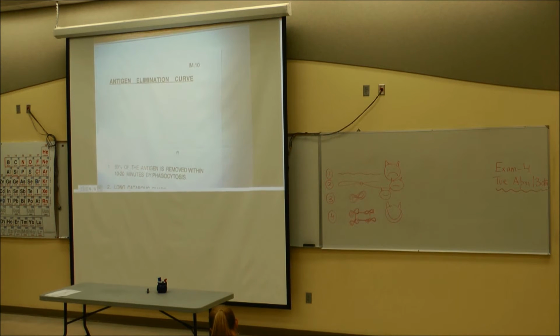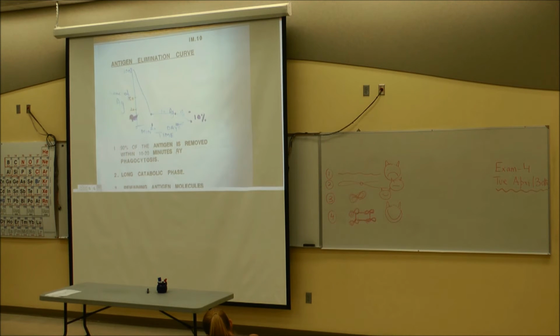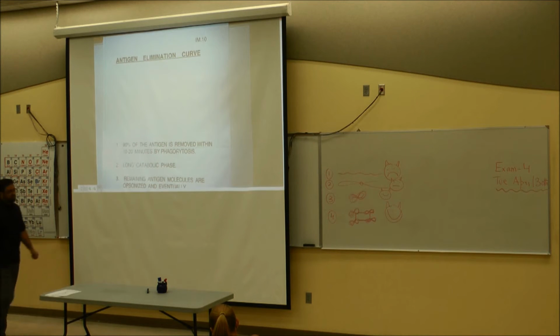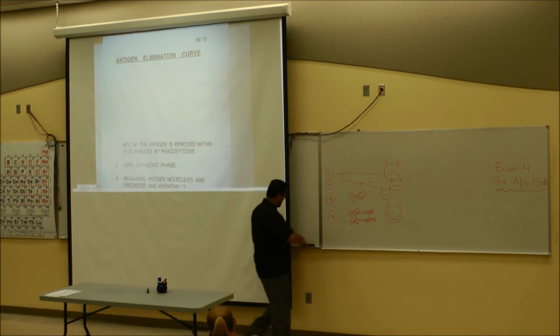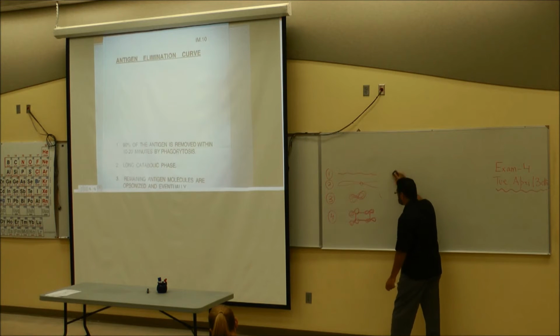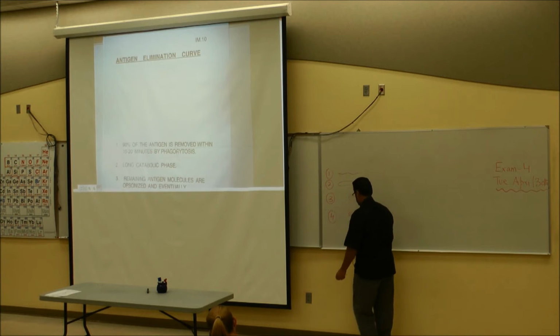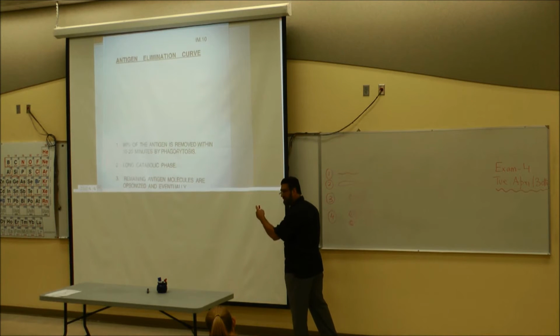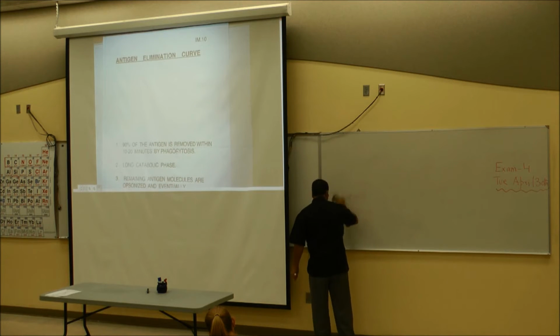You have a graph that I'm going to draw again right here so you can follow me. Antigen elimination curve: what happens to an antigen when it encounters the immune system for the very first time? And this is going to be on your exam. Actually, I have merged this with something else. We are going to practice this as soon as I'm finished explaining it to you.